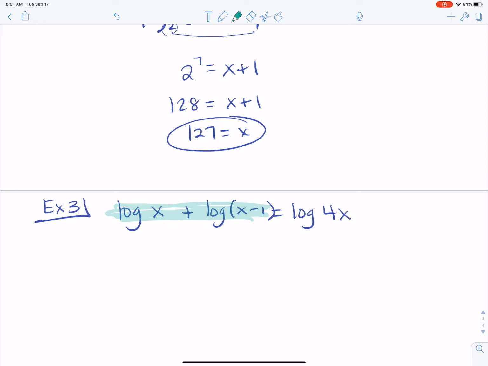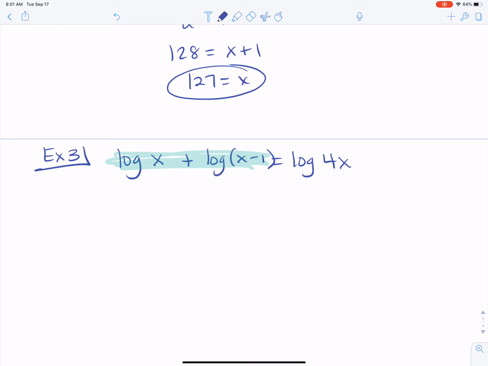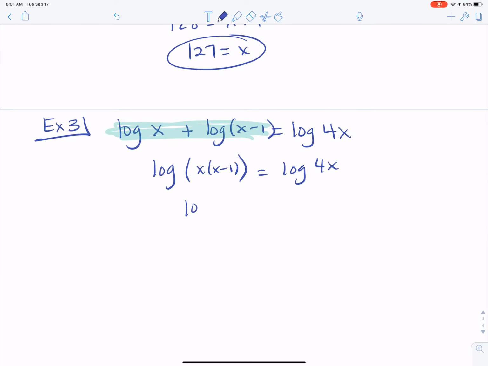So when you have an addition, we combine them using the product rule. So that becomes one log, and then we do the product of x times x minus 1. So that's really log of x squared minus x.